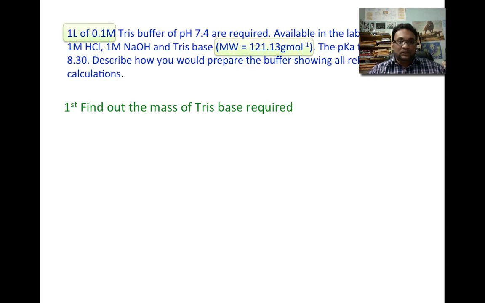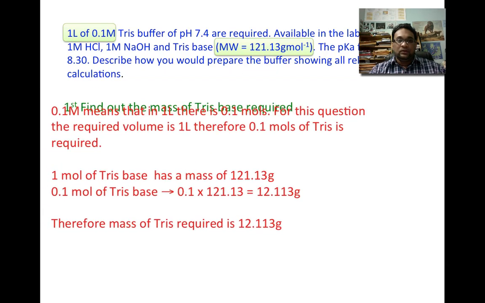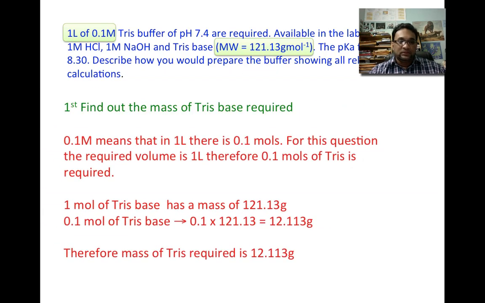You have 1 liter of 0.1 molar tris, and they give you that the molecular weight is 121.13 grams per mole. Alright? So if you look at the question here, 0.1 molar means that in 1 liter there's 0.1 moles of tris. For this question, the required volume is 1 liter. Therefore, 0.1 moles of tris is required.